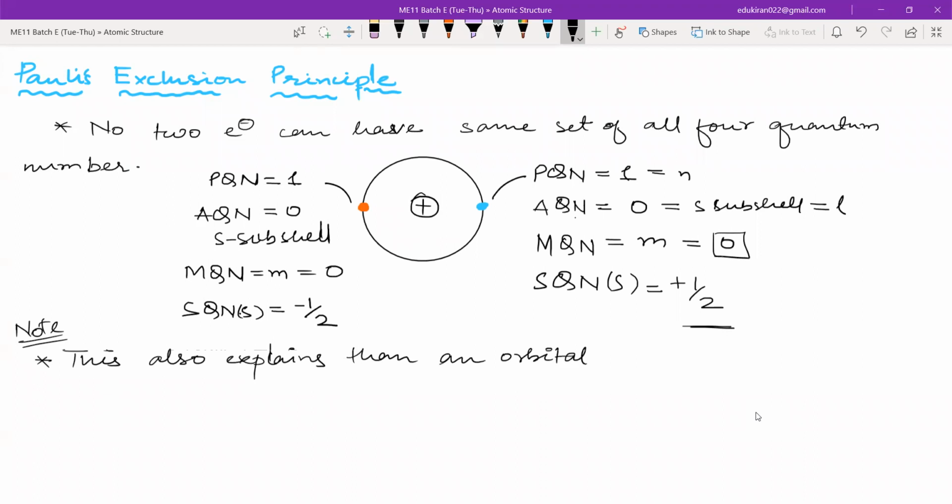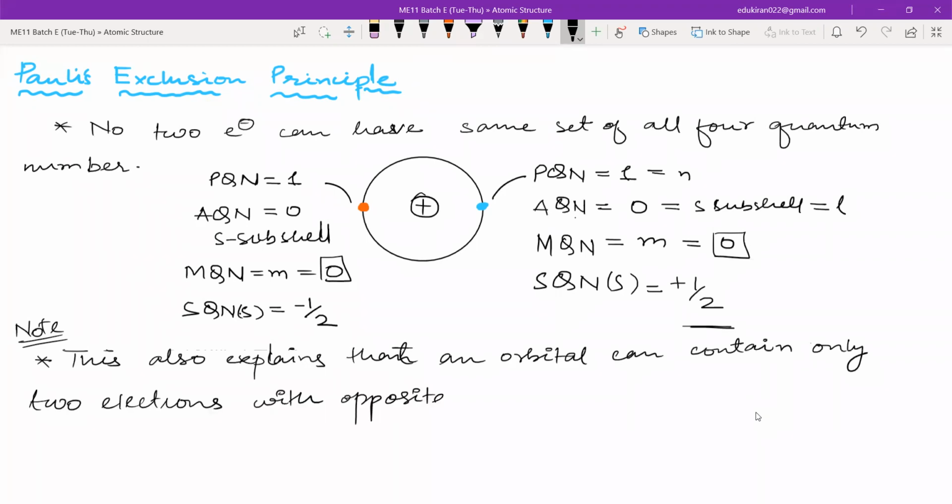The S orbital, right? M is equal to 0. This is one orbital. That explains that an orbital can contain only two electrons with opposite spin. That means if it is up spin, this will be down spin. If it is plus half, this will be minus half.